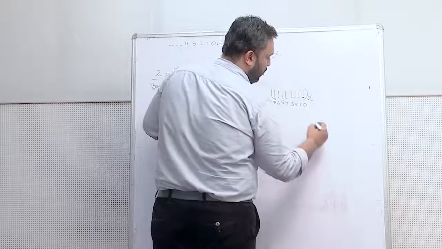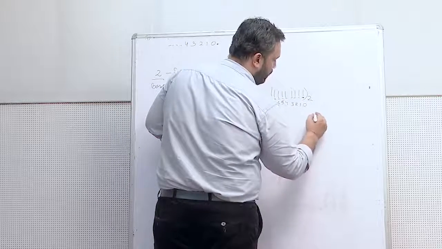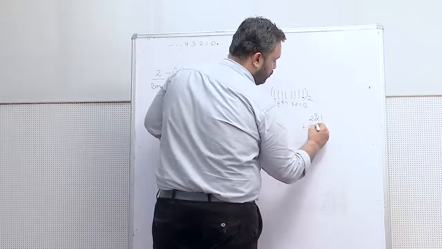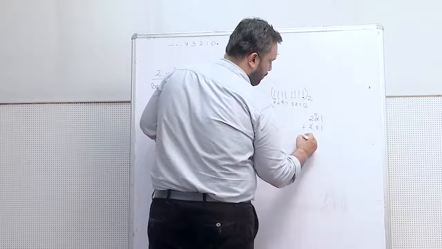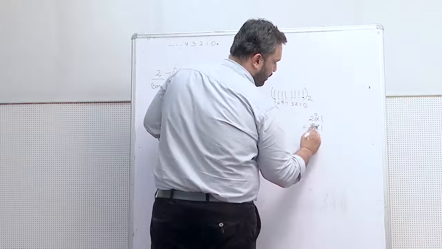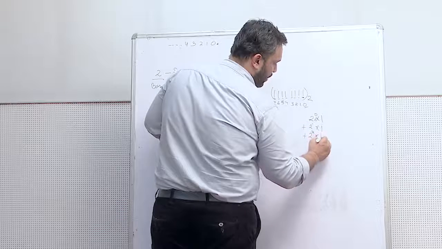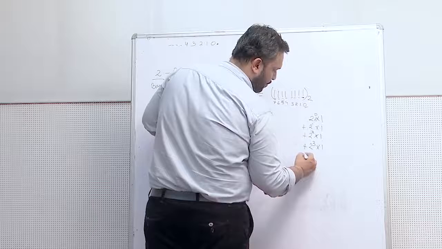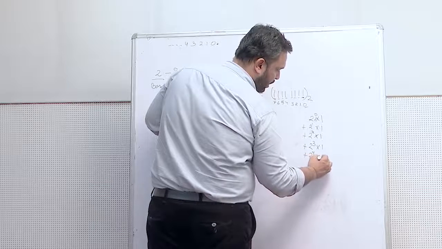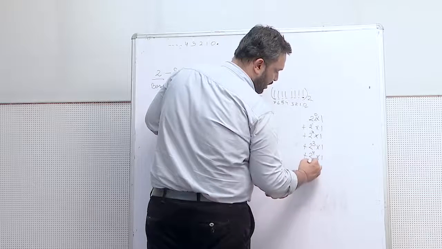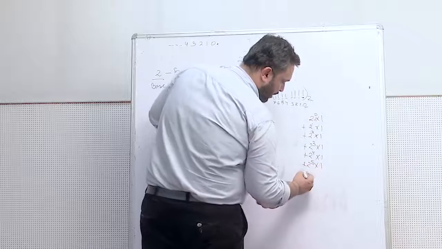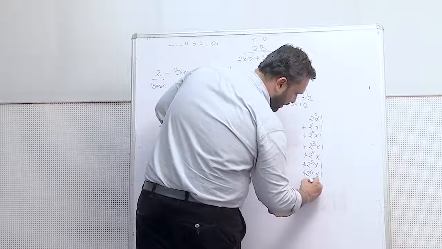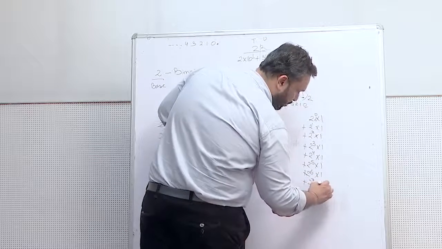So let us multiply all these. 2 raised to power 0 multiplied by 1, plus 2 raised to power 1 multiplied by 1, plus 2 raised to power 2 multiplied by 1, and so on up to 2 raised to power 7 multiplied by 1.